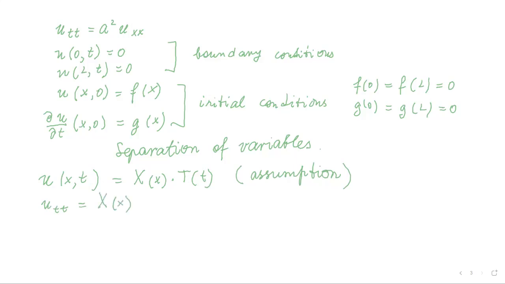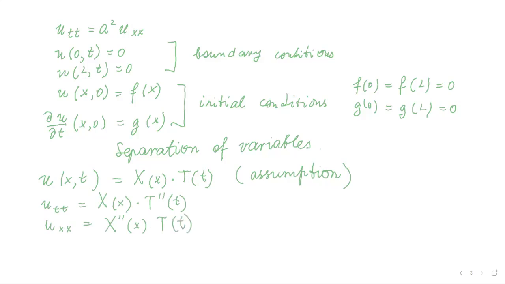If you differentiate t two times by t, you are going to get a second derivative of t. Because t depends only on one variable, I'm going to put just the second derivative by t. What is uxx? Now x is a variable and t is a constant. So I'm going to get a second derivative by x multiplied by T of t.